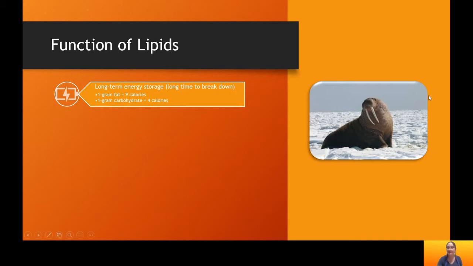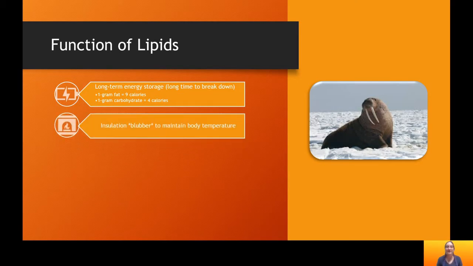For animals like this walrus, where they might need to go away for a while, or they don't know when they're going to eat again, they need those kinds of macromolecules. They need a lot of lipids. They also provide insulation or blubber, right? That keeps you warm in the winter for maintaining your body temperature.